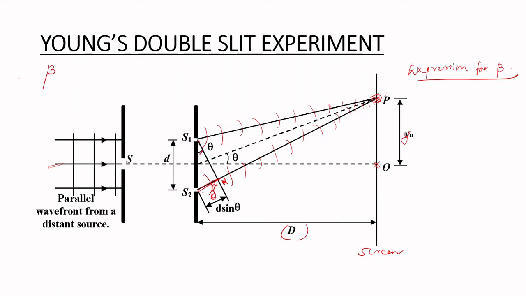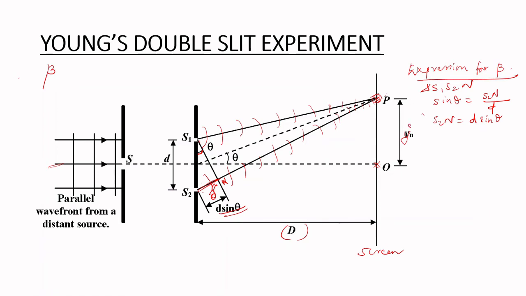So if this angle is theta, from the triangle S1S2N, we can find sine theta. Sine theta is equal to S2N divided by S1S2, which is d. So S2N is equal to d sine theta. That is what we have written here as d sine theta.